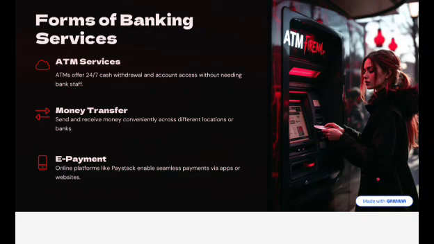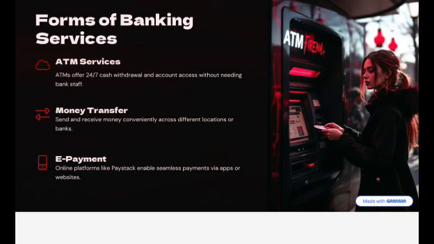The main features of the ATM include: you can withdraw your cash anytime, that is 24 hours, 7 days a week; you can check your account balance; you can get your mini statement of account; you can transfer funds between accounts; and in some cases, you can pay bills or recharge airtime.